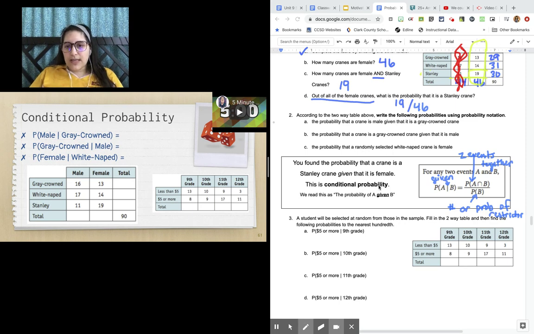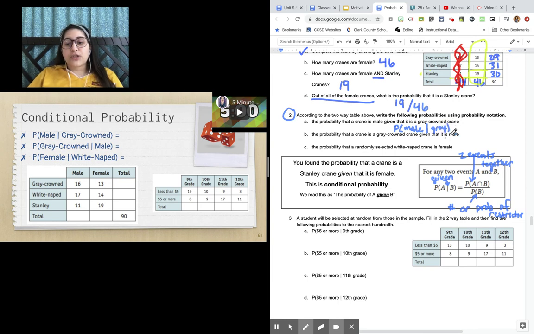Okay, let's take a look at number 2 right here. Same table, and the question is, what's the probability that a crane is male given that it is gray crowned? The way I would write that is probability of male given, that's my line right there, which means given that it's gray crowned.